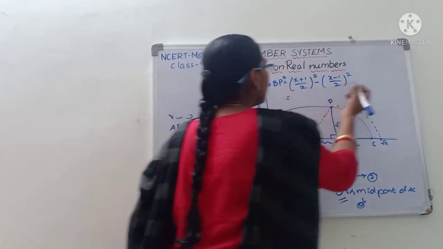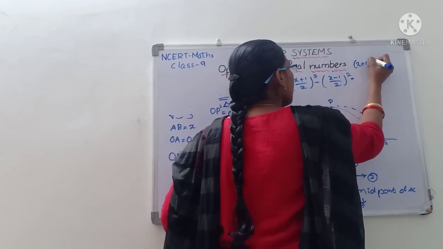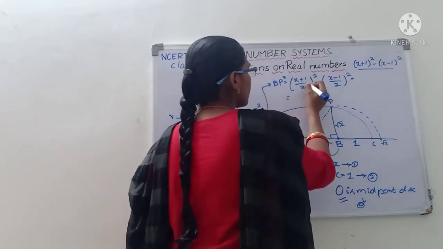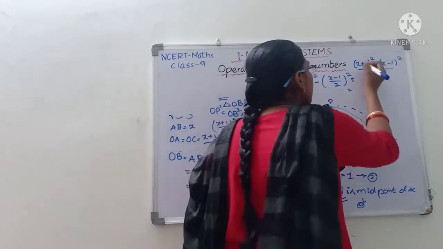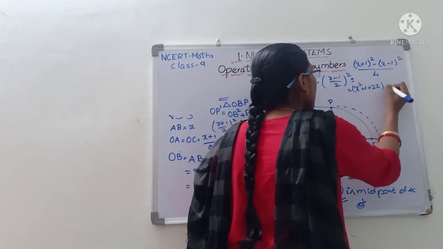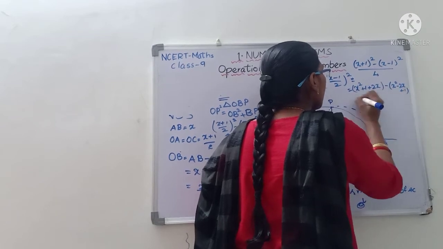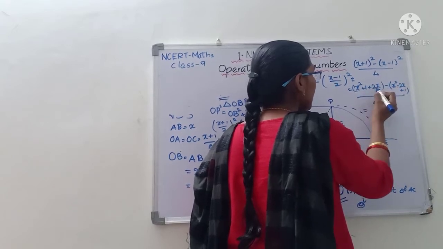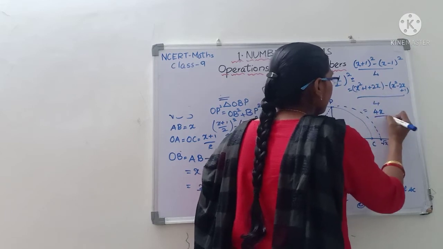Let's solve this, children. ((x+1)/2) squared minus ((x-1)/2) squared. The 2 squared means 4, here also 4, so you get 4 as the LCM. (x+1) whole squared is x squared plus 1 plus 2x, minus (x-1) whole squared, which is x squared minus 2x plus 1, all by 4. x squared minus x squared cancels, and you get 4x plus 1 minus 1, which is 4x, by 4.